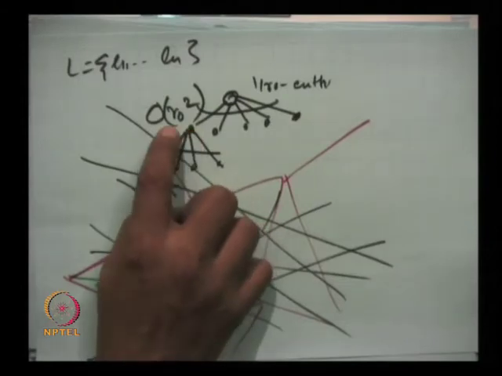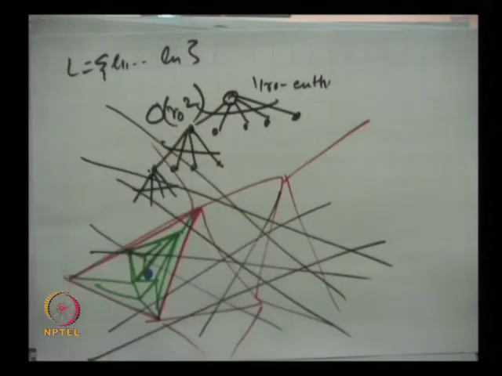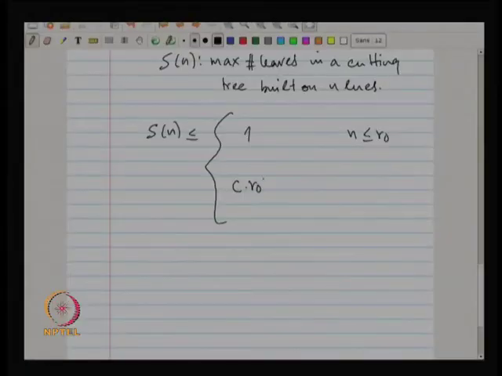Now, you have to be a little careful, because this order of R0 square will give us some headache, because it is not precisely R0 square, there is a constant. So, let us write it as C times R0 square times S of n over R0. That is the number of leaves.